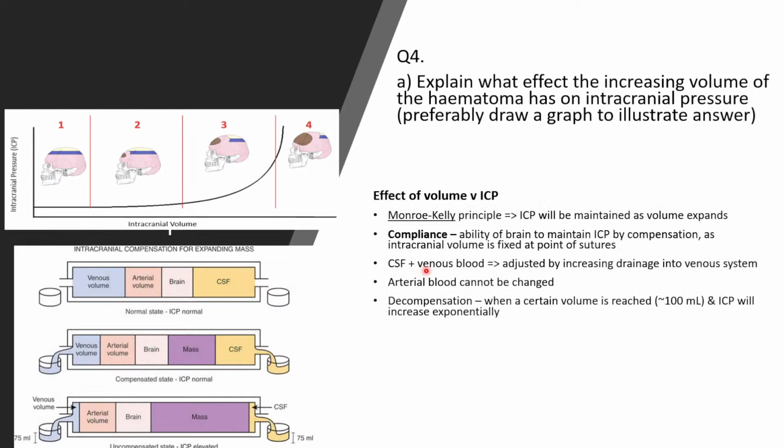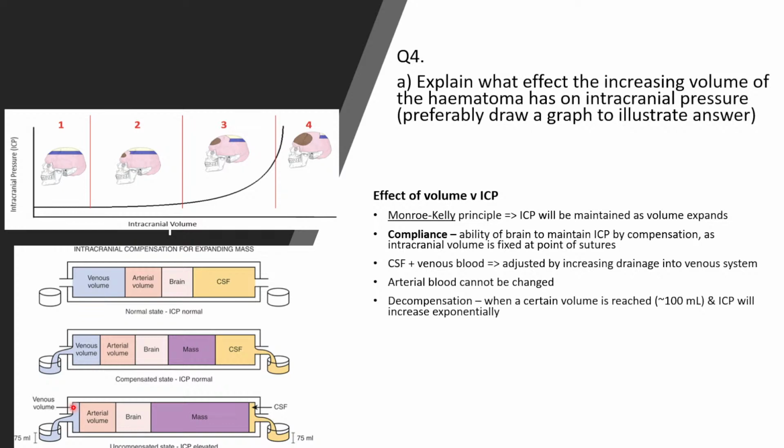The Monro-Kellie principle states that the intracranial pressure will be maintained as the volume expands. This is known as compliance. It is the ability of the brain to maintain intracranial pressure through compensation. It does this by draining CSF and draining the venous volume. These are the only two substances that can be changed.